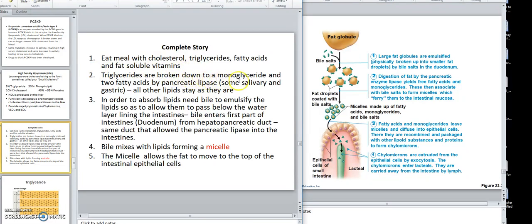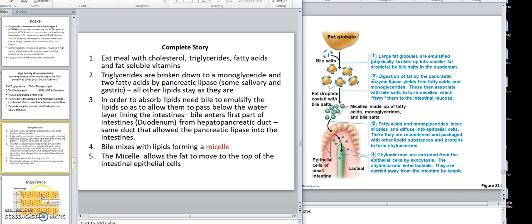Triglycerides are broken down to a monoglyceride and 2 fatty acids by pancreatic lipase, some salivary also. All of the other lipids stay as they are. So in other words, the only ones that you're really going to break down are the triglycerides.